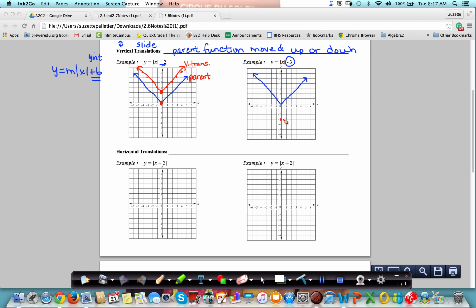So all I've done is move the whole thing down 3. Notice that I don't change anything about its shape. Each side still reflects up 1 and over 1. I've just shifted it down 3. Okay? This one I went up 2. That's vertical. Okay, so now let's talk about horizontal. So now we're going to be shifting left or right. So this is going to be our parent function.